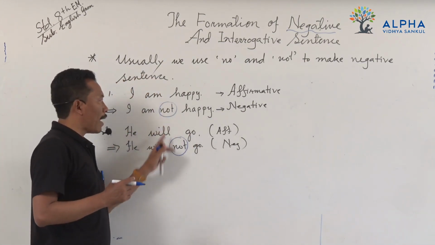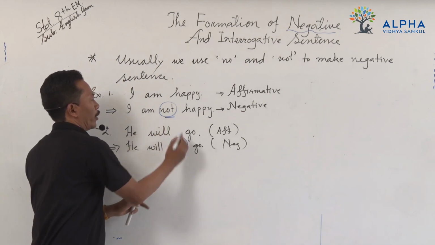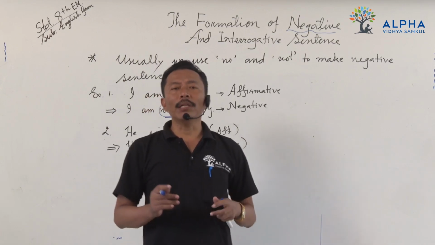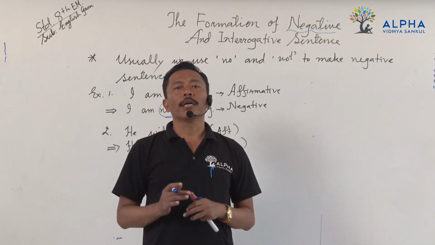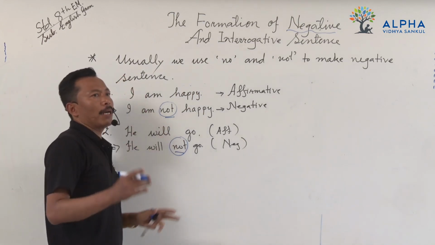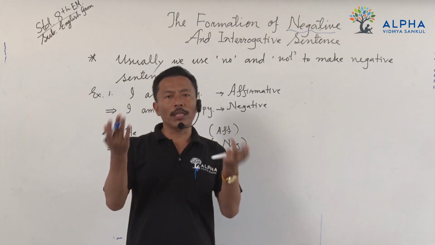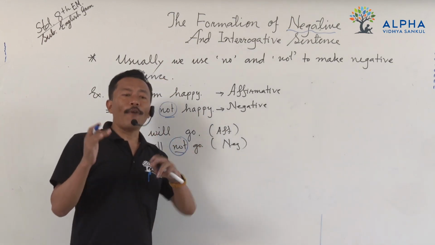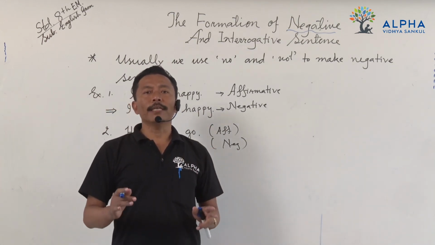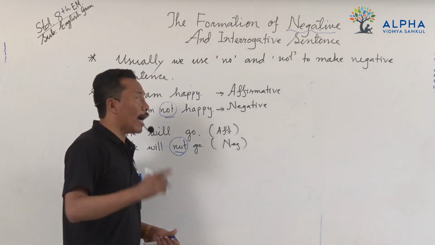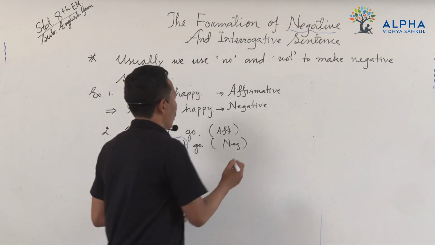So we have to know the table of the auxiliary verbs. In the previous videos, I have explained about the auxiliary verbs. If this is the primary auxiliary or modal auxiliaries, whatever, if we find any auxiliary verb in the sentence, we have to put not just after the auxiliary verb.